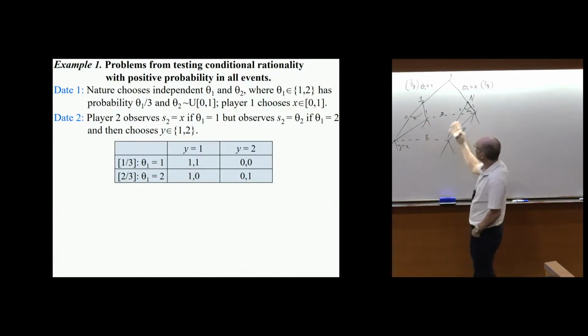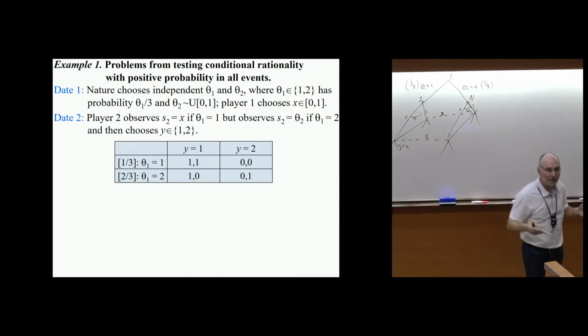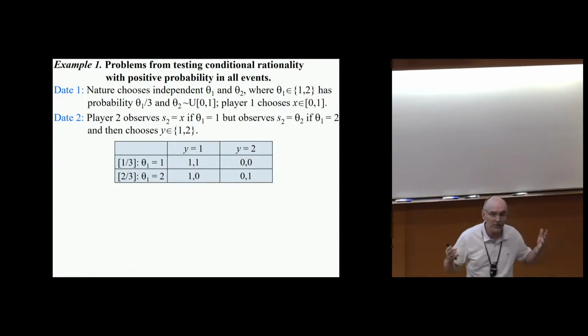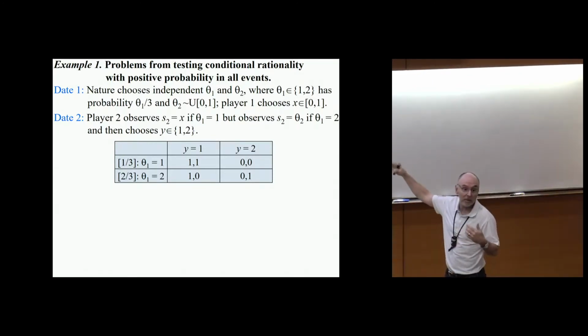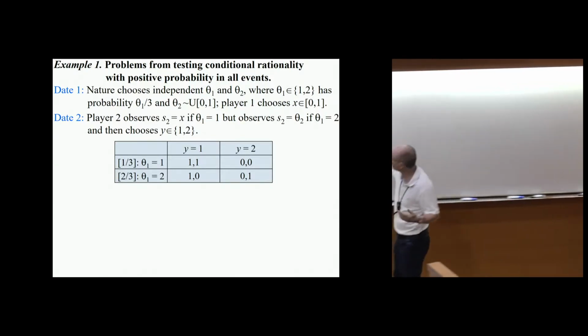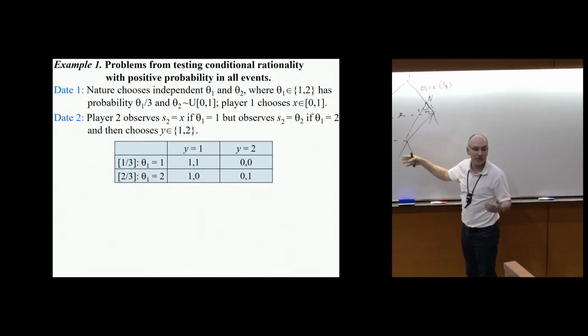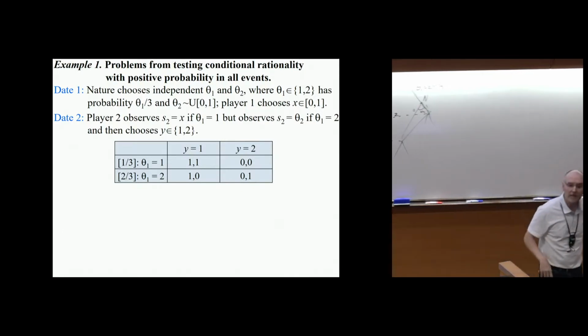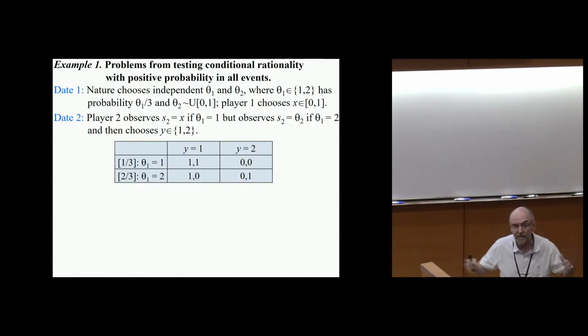And then player 2, when she sees a number, it really doesn't matter which number she sees. She knows both of them are uniform 0, 1. It gives her no information about theta 1, theta 2. So she chooses y equals 2, no matter what number she sees. And given that, player 1 can't do a darn thing about it. Might as well randomize uniformly over here, and that seems like it's just fine.